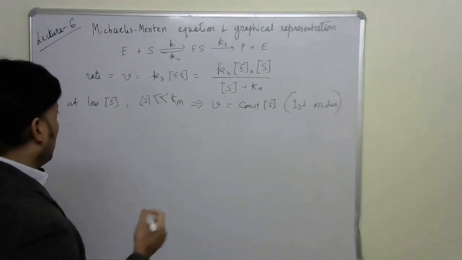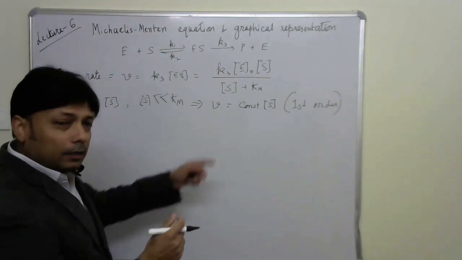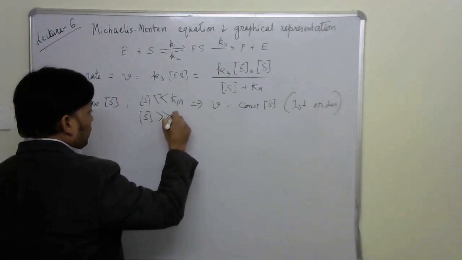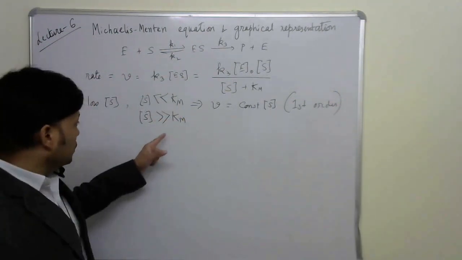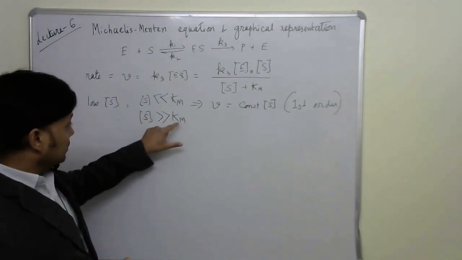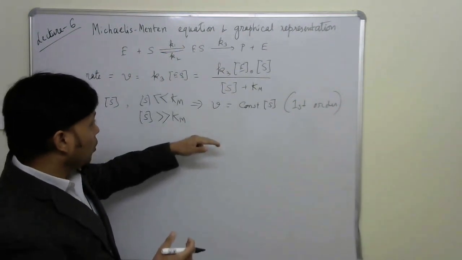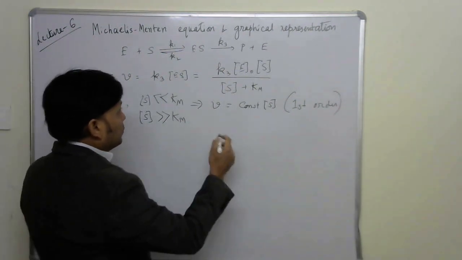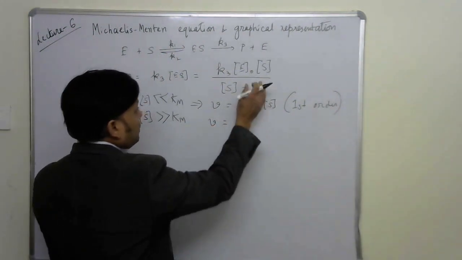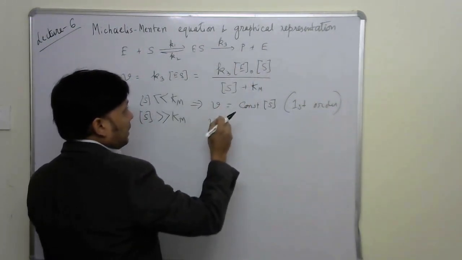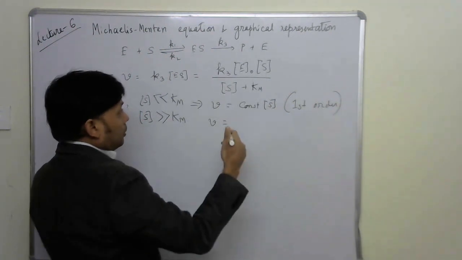On the other hand, if the substrate concentration is very high, so that the Michaelis constant can be neglected from the denominator, then S cancels out in the numerator and denominator.